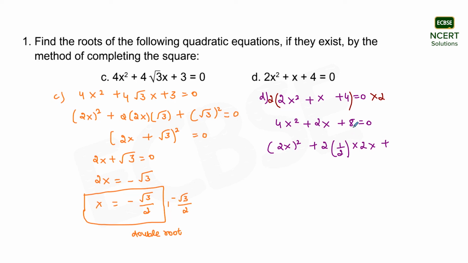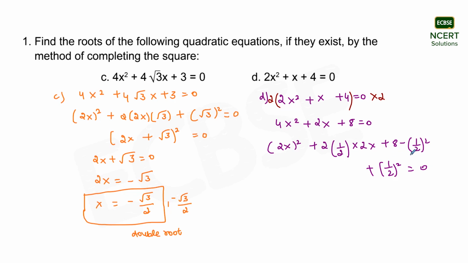But we have the constant term 8, not 1 by 2 whole square. So in order to make it 1 by 2 whole square, we will be adding 1 by 2 whole square as well as subtracting 1 by 2 whole square, so that it doesn't have an overall effect on the equation.